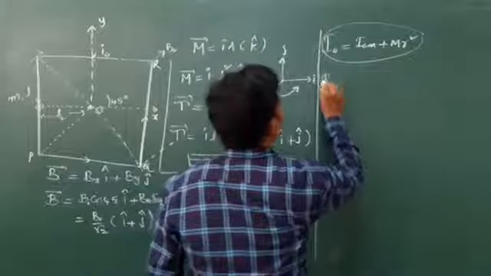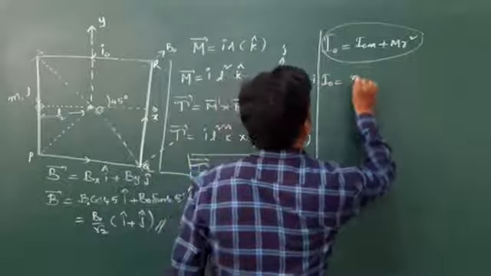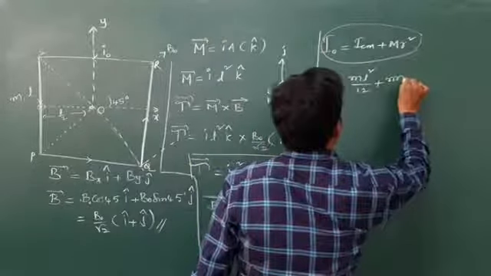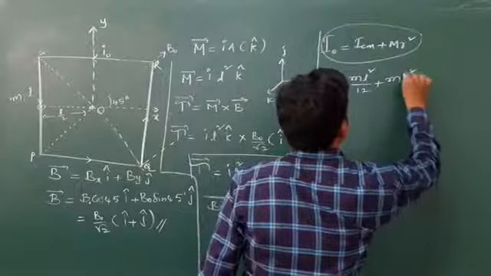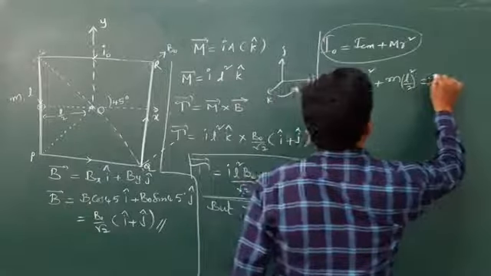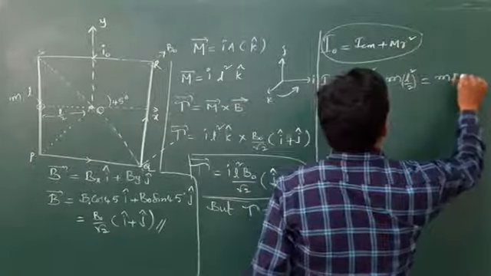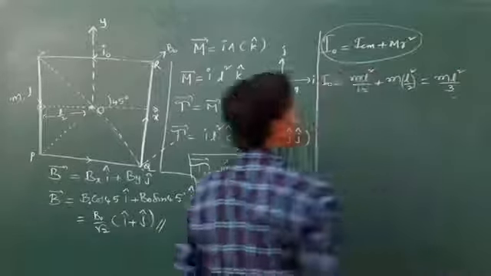So I about O we can write as m L square by 12 plus m into L by 2 whole square. So you will get m L square by 3.